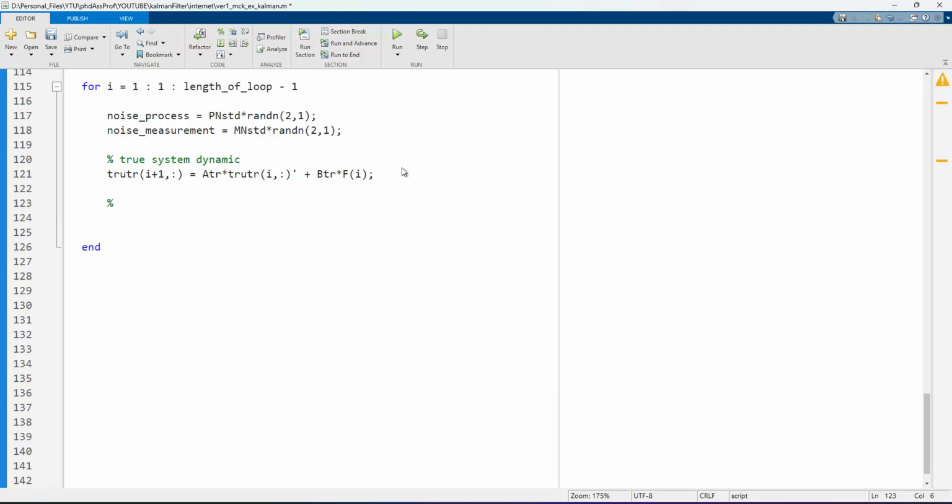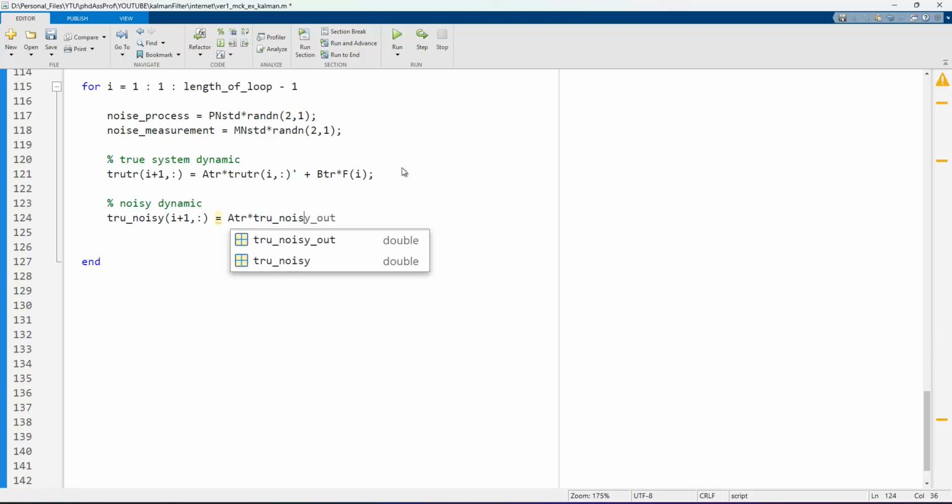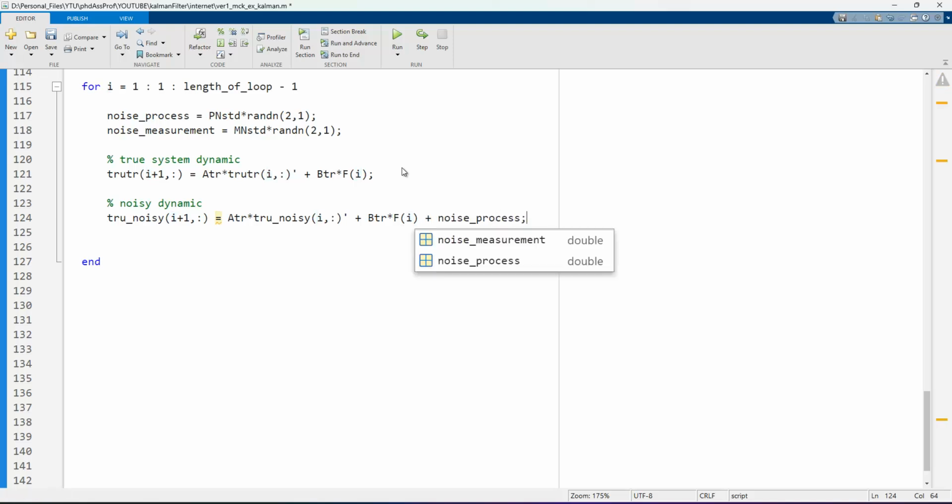And also we need to create the noisy dynamic in here, which is equal to what? The true noisy (i+1) is equal to Atr times true noisy (i), transpose, plus Btr times Phi(i), plus the noise process, which should be added in order to create the noisy output.